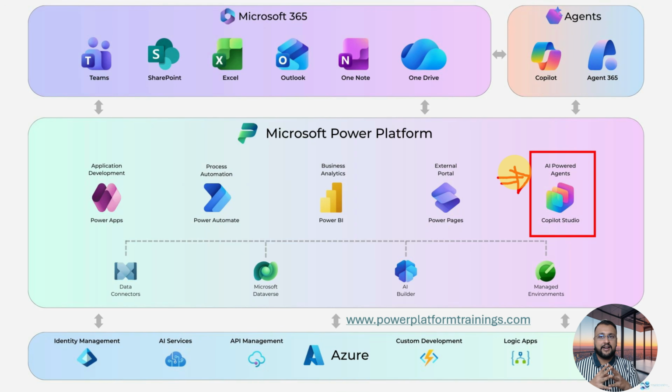Let's say an agent can do lots of activity for you automatically. I'm just giving you my own organization's example. I'm running Power Platform Trainings, right? Whenever we are opening admission for any live batches, let's say in February we are going to start our new Copilot Studio live training program. Generally, 15 days before, my marketing team starts the promotional activity on different social media handles.